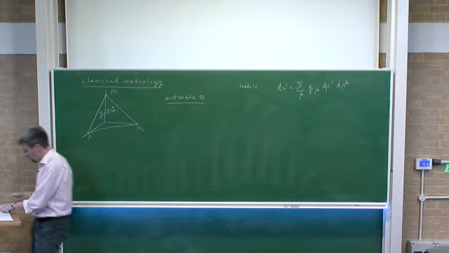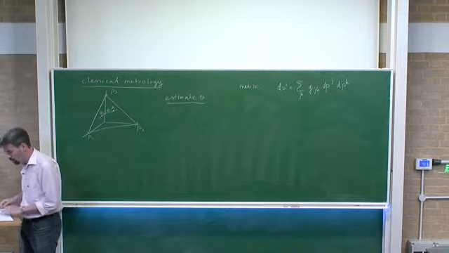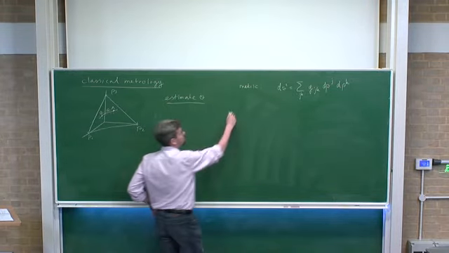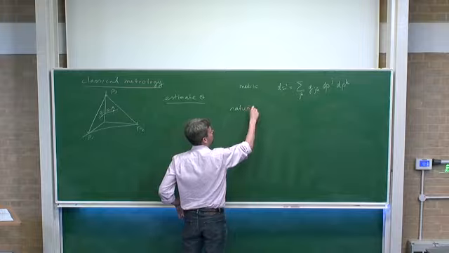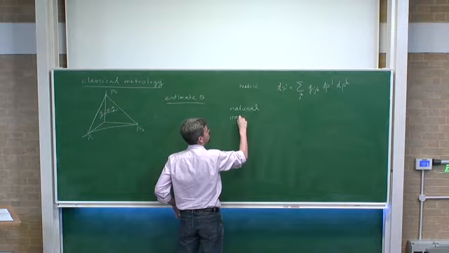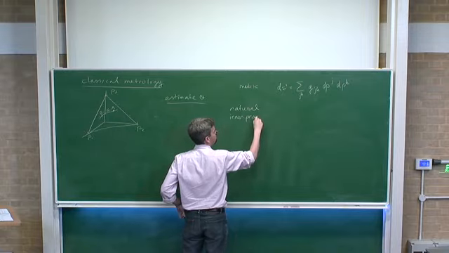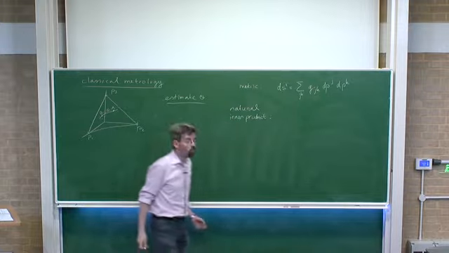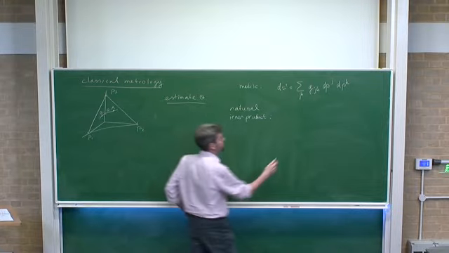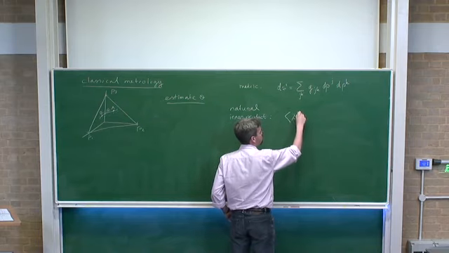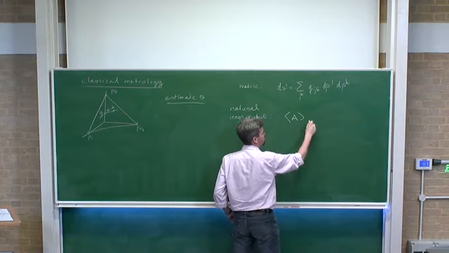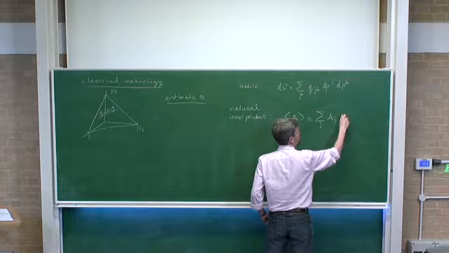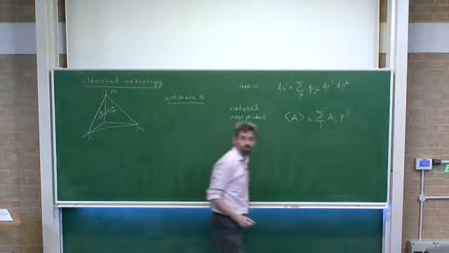So the way to start with this is to look at a natural inner product, and the natural inner product we can take as the expectation value. So if I have some random variable A, the expectation value is given by the sum over j of a_j p_j.